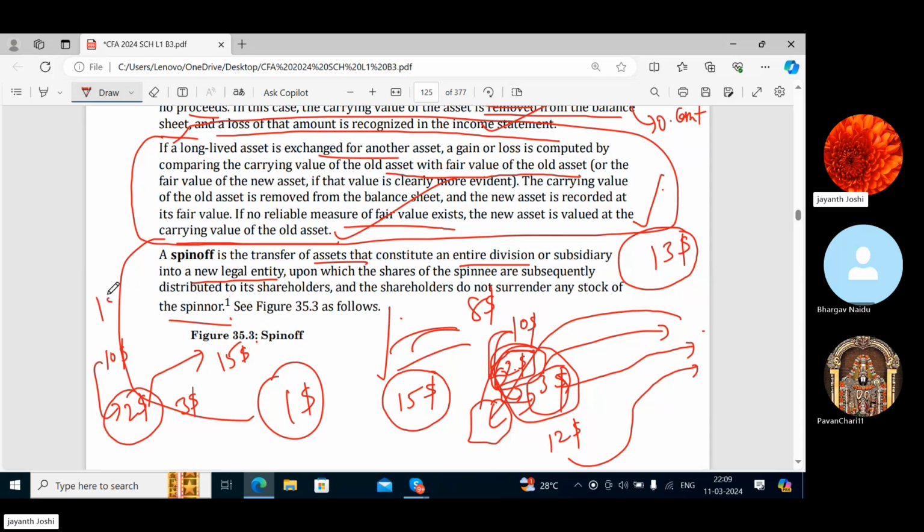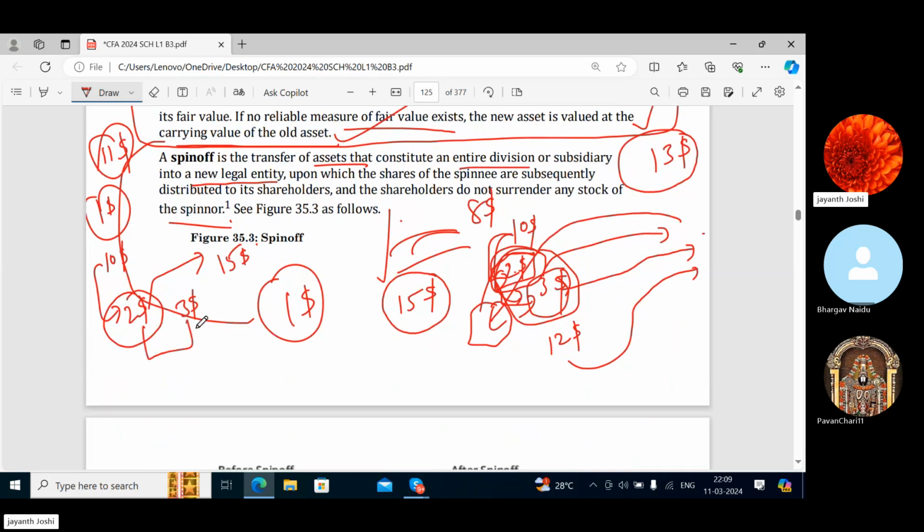So $1 you got, and the rest, how many dollars do you have to pay them? $12. Totally $12, right? Otherwise, you would have paid that from your pocket. That's it. So the $1 gain you got is your profit. You got an extra $1 for the same asset, right?